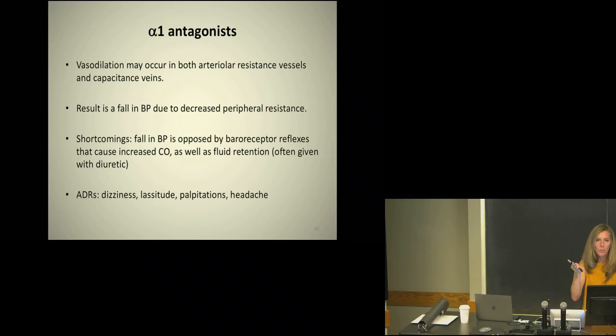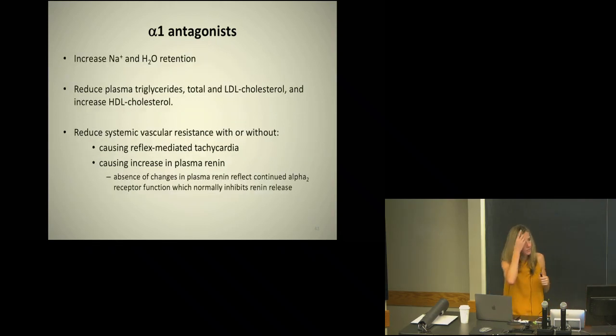You got more blood pooling in the veins, which allows it more time to cause swelling, okay? The other things that can happen are dizziness, lassitude, palpitations, and headache, all from the changes in the blood pressure, okay?